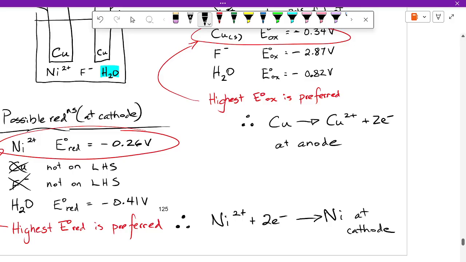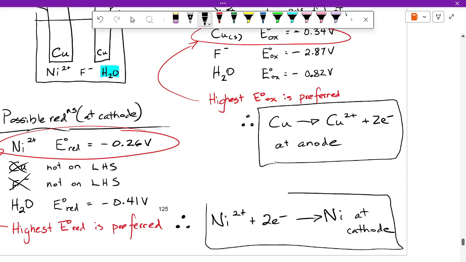And we were asked to find the two half reactions. So we have Cu at the anode and we have nickel at the cathode.